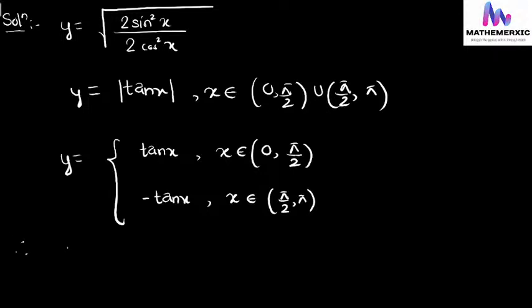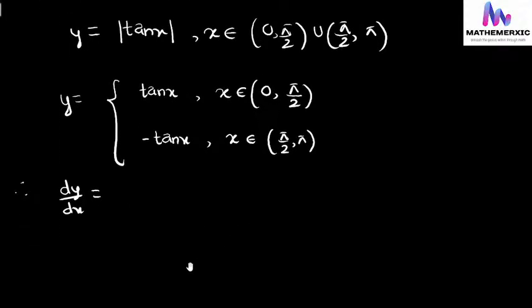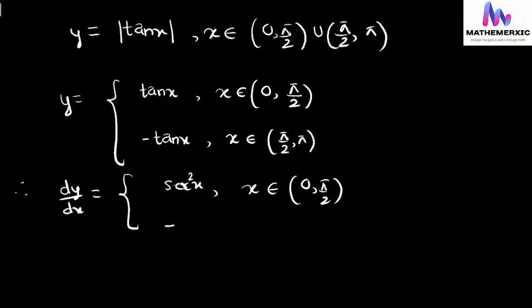Therefore we can say dy by dx, in this case, we know it is sec square x, x belongs to 0 to pi by 2, and negative of sec square x, x belongs to pi by 2 to pi.